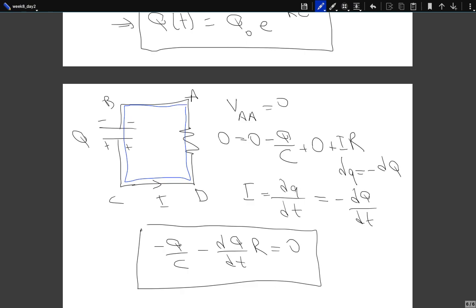So if you take this, this is my battery, let's say. This is my positive plate. This is the second plate. A small dq amount of charge moves in this direction, the positive direction of the current. But that charge came from my capacitor. The charge in the capacitor has decreased.